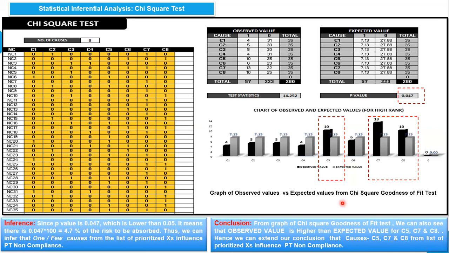So we started with the list of probable causes. If you could recall, those were 21 in the fishbone diagramming. Then through the CI matrix, we trimmed that list from 21 to 8. And then with the next level of prioritization, that is through statistical analysis, we have trimmed it down to 3 causes.